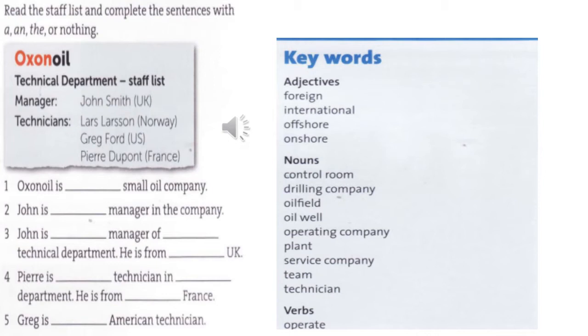Exxon Oil is a small oil company. Number 2. John is a manager in the company.